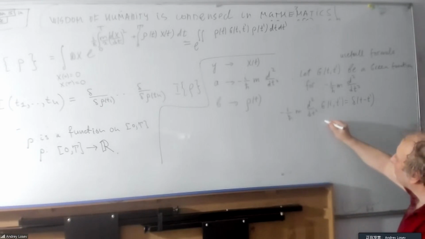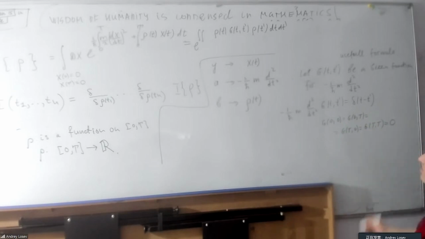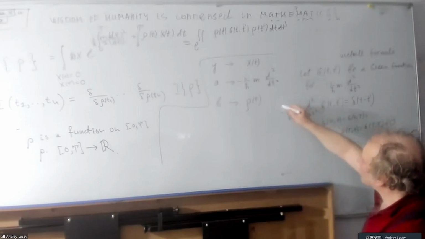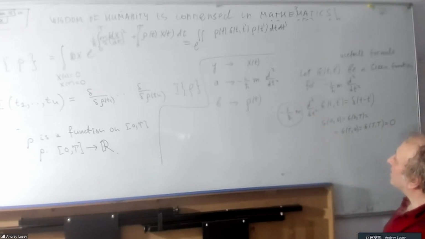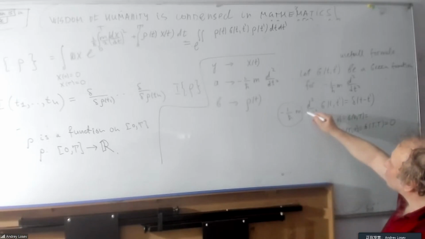And of course, G at 0, t prime equals G at t, t prime equals 0, that is G vanishes at the boundaries. Okay, so we have this factor. We will take it into account later on. But how to solve this equation?